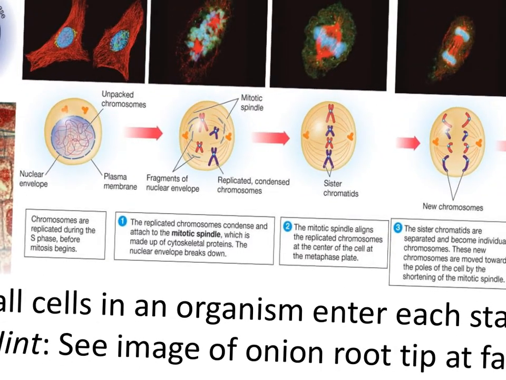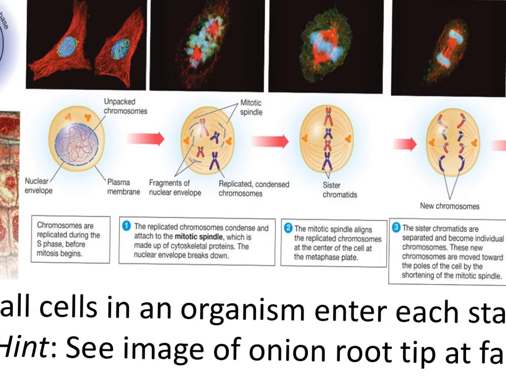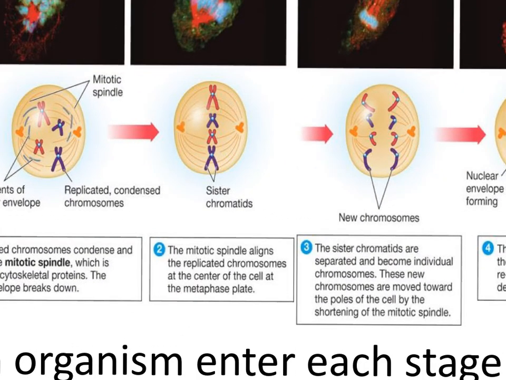First of all, there's prophase. That's when the nuclear membrane disintegrates and the chromosomes condense. Then there's metaphase along the middle, right here. Then there's anaphase.